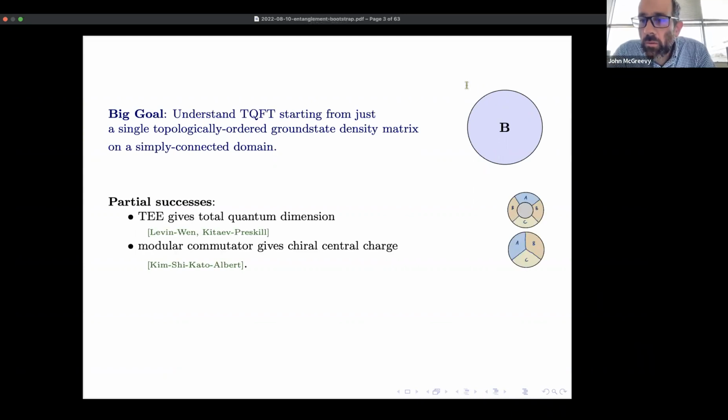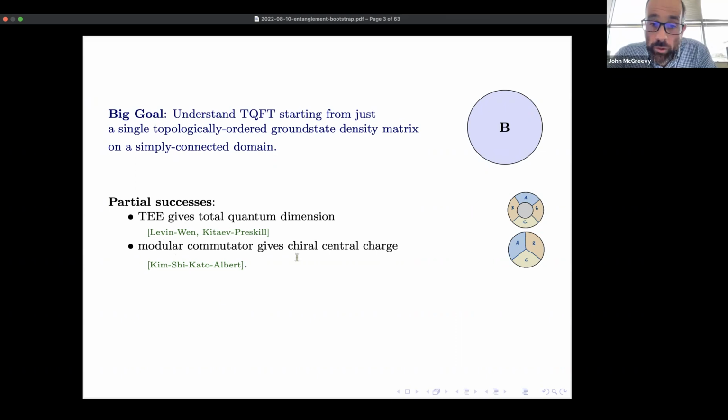I guess a few precedents for successes in this direction are the topological entanglement entropy, which can be extracted from some combination of entropies, for example, in a configuration like this, from the reduced density matrix on a ball, and encodes the total quantum dimension of the excitations.